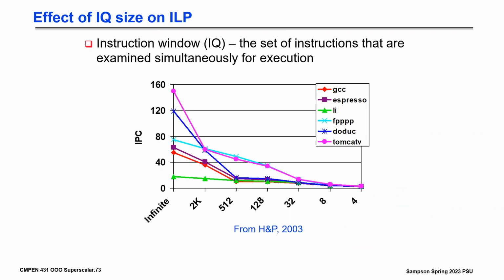So let's take a little look at what this is implying. Okay. So if we look at the number of instructions that I could be looking at one time, and I look at how much parallelism I might be able to extract, if this is my only constraint, so I keep everything else infinite, I'm just sweeping the size of my IQ.